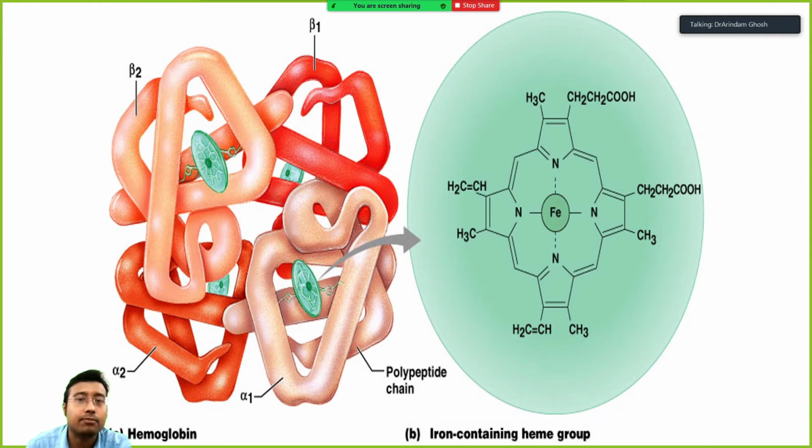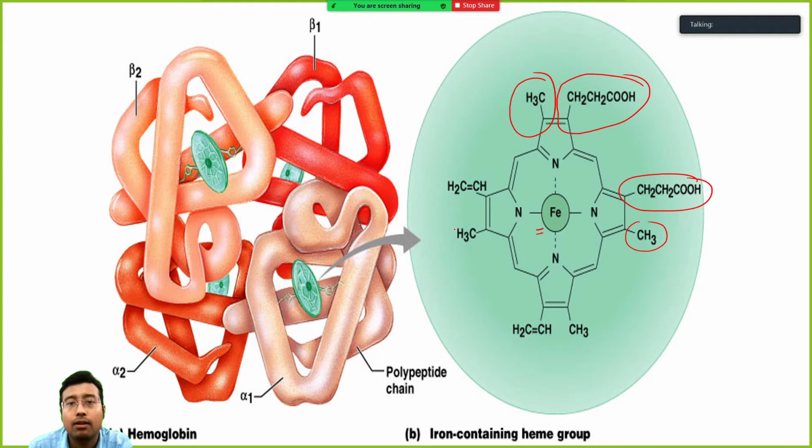See, I told you the general porphyrin ring. When iron is attached it becomes a ferroporphyrin. And you see these are the side chains that are present in hemoglobin. For example, this is methyl, this is propionyl, this is propionyl, this is vinyl.